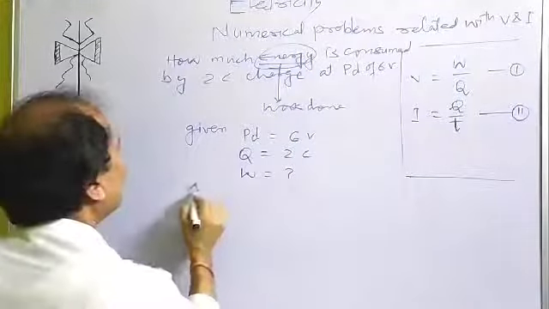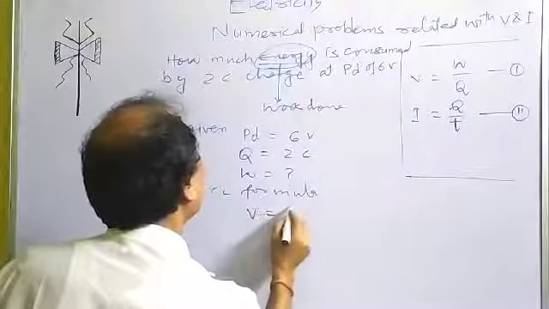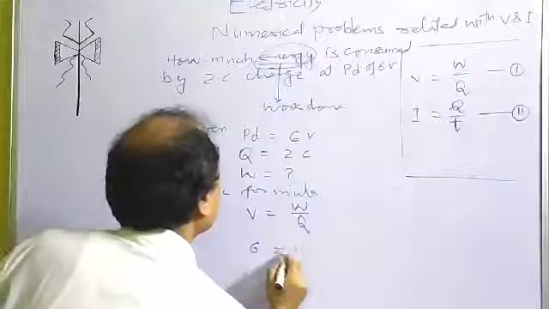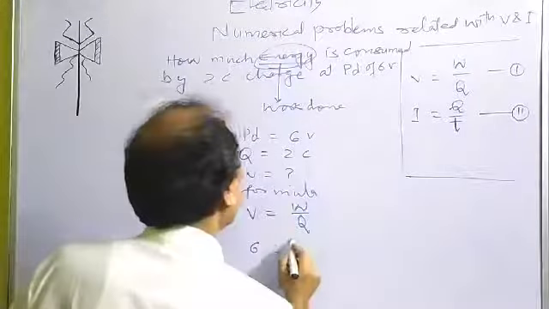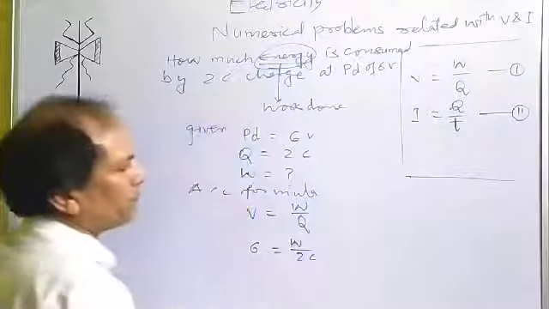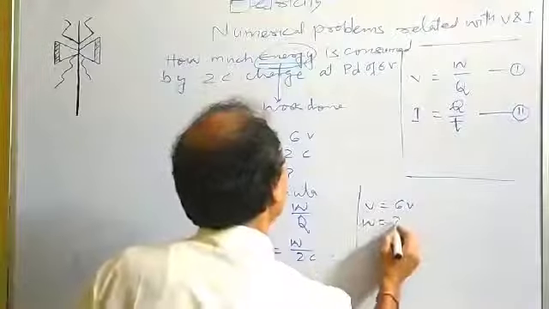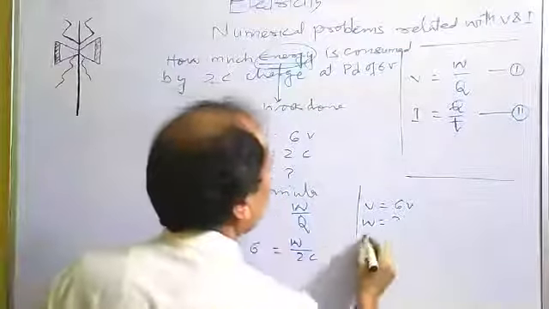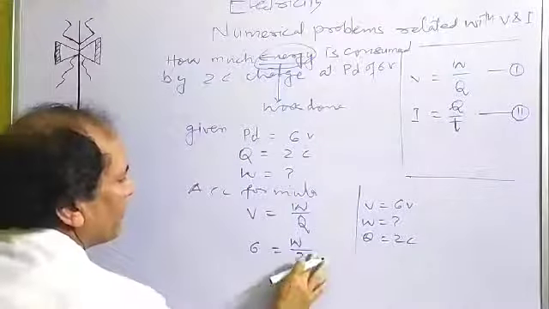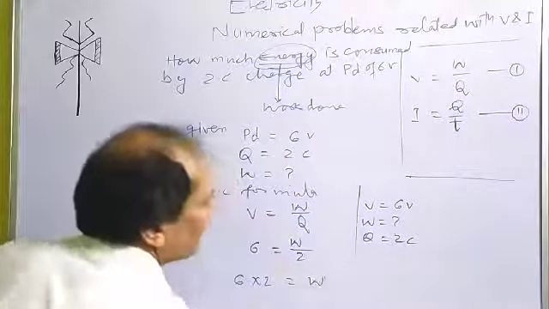So now according to the formula, V equal to W by Q. 6 volt equal to W, which we have to calculate, and Q is equal to 2 coulomb. So for calculation of work done, 6 into 2 is the work done.